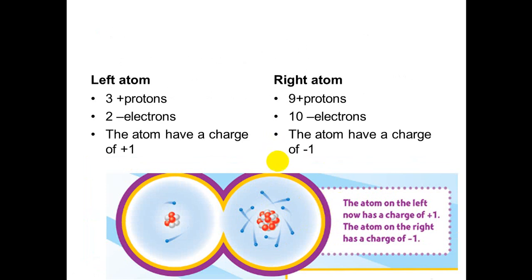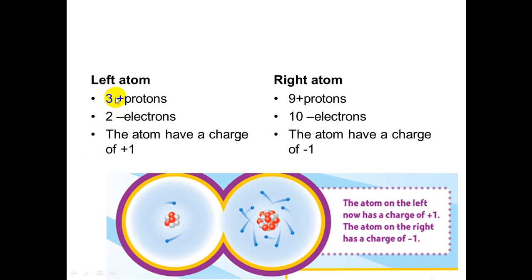The left atom now has 3 protons, so positive 3. But what about electrons? Now it has just 2 electrons, minus 2. It was 3 electrons, but after 1 electron moved, it has 2.